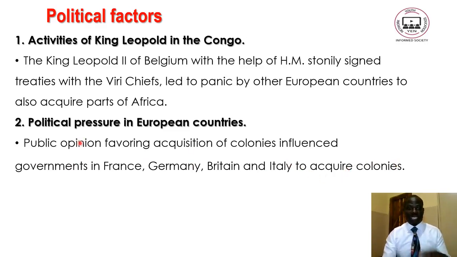People generally in Europe were forcing their governments to have colonies outside their countries. So those countries like France, Germany, Britain, and Italy were forced by public demand to say, let us have colonies outside our countries. Hence, they came to Africa, scrambling and partitioning Africa.